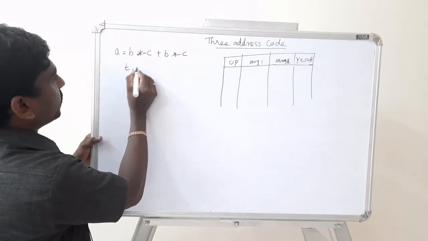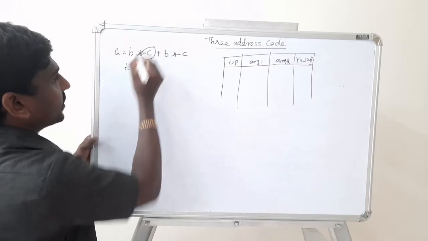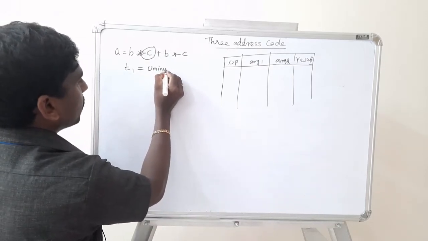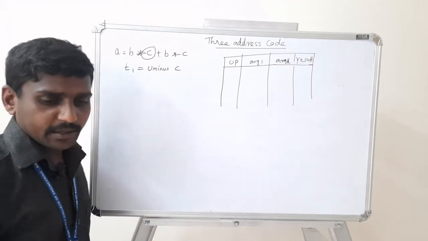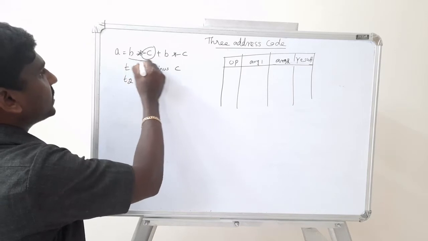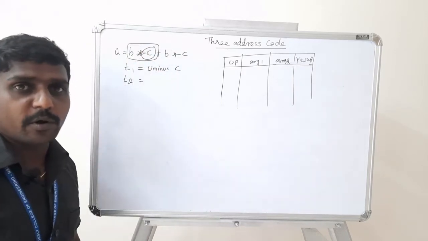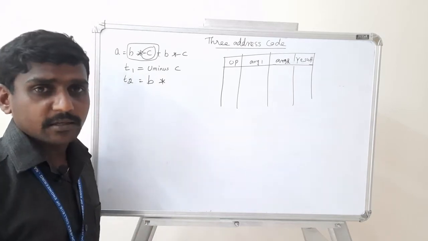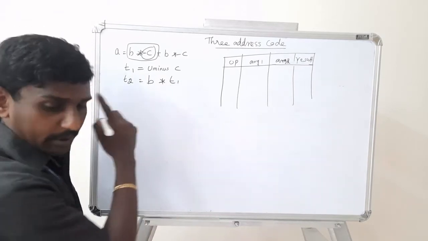First I am going to take T1 equal to minus C, that is unary minus C, and T2 equal to B star minus C. Already unary minus is in T1, so B star T1. Clear?